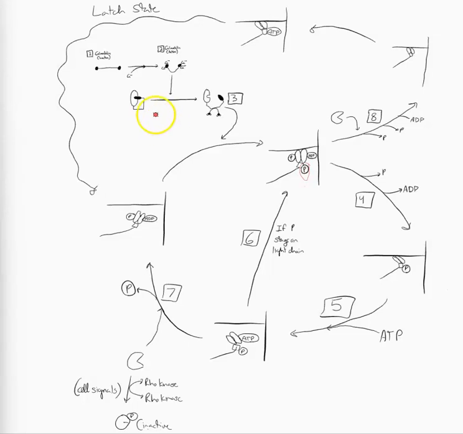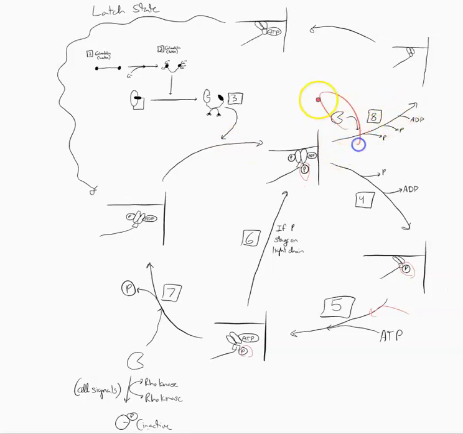When you have that high amount of MLCP, it actually removes that phosphate a little bit earlier on. And when that phosphate is removed in this stage, so the MLCP would come along here, it would remove this phosphate, causing it to stay.